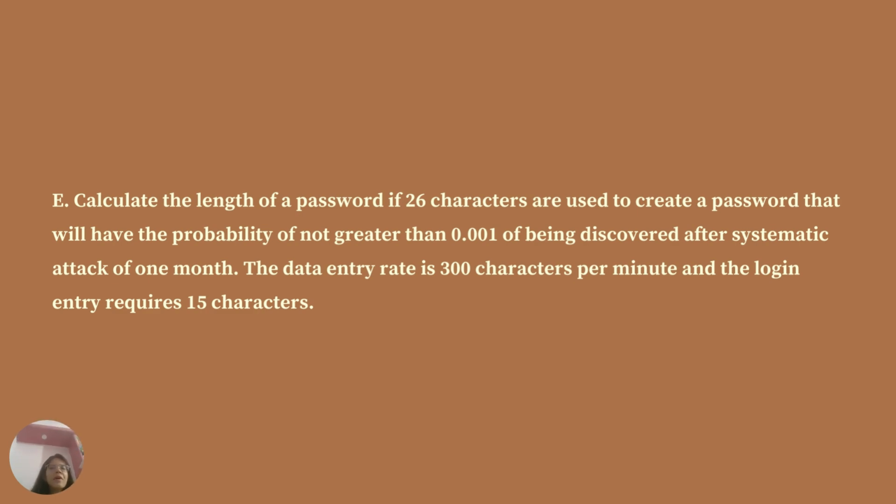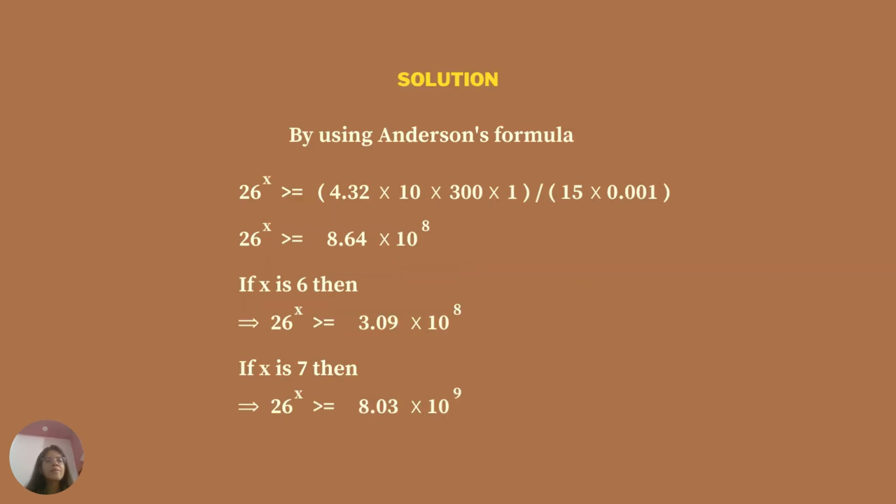Calculate the length of the password if 26 characters are used to create a password that will have a probability of not greater than 0.001 of being discovered after a systematic attack of 1 month. Data entry rate is 300 characters per minute and the login entry requires 15 characters.